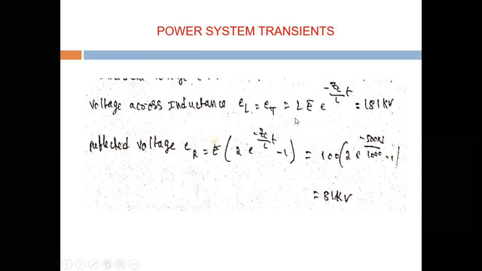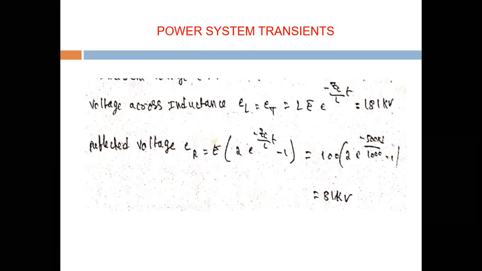What is that inductance value? L is equal to 1 millihenry, and the transmitted voltage is equal to the incident voltage E. What is that incident voltage? It is equal to 100 kilovolts.